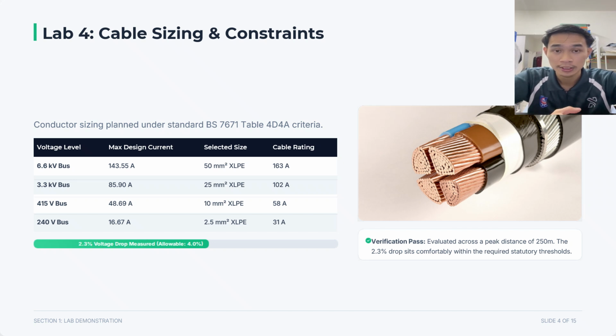We also checked the voltage drop for the longest cable run of 250 meters. The voltage drop is 2.2%, which is below the 4% limit. This means all the cables are sized correctly and voltage drop is within acceptable limits.